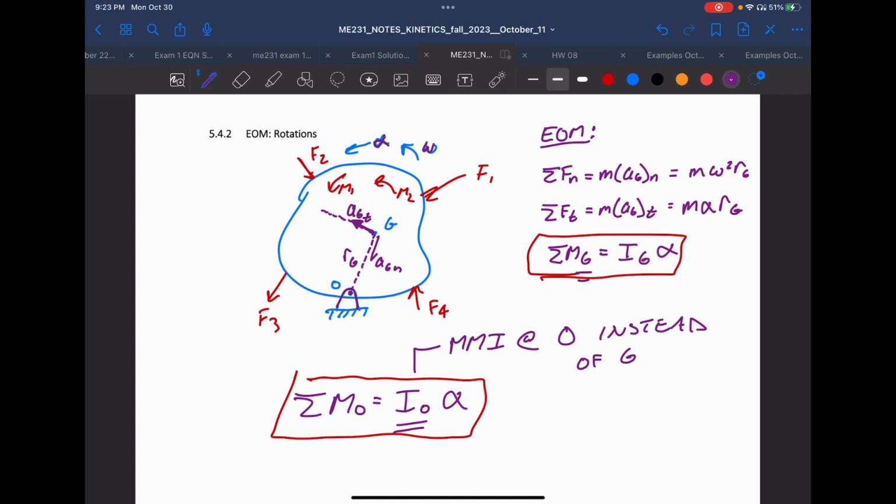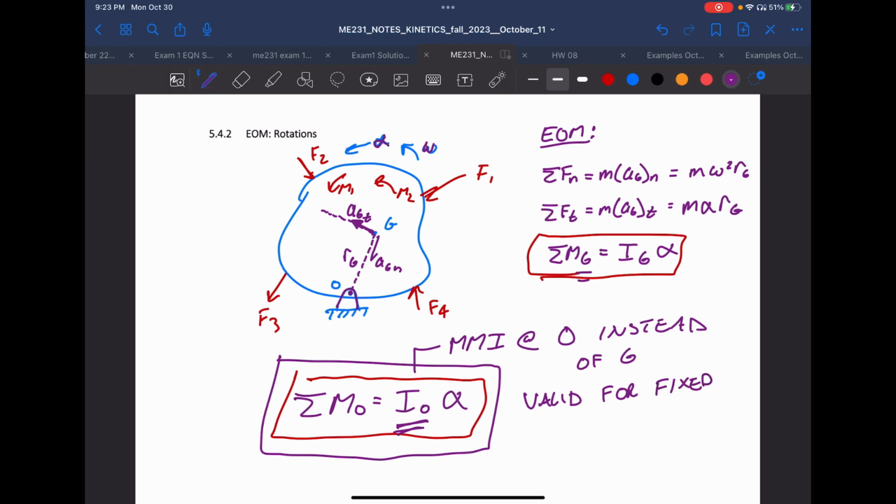And for pure rotations, we can also say that a summation of moments at the center of rotation is equal to the moment of inertia based at the center of rotation times alpha. Just purely that. There's no other summation of moment terms necessary. So this is valid for rotations, well, for fixed axis rotations.